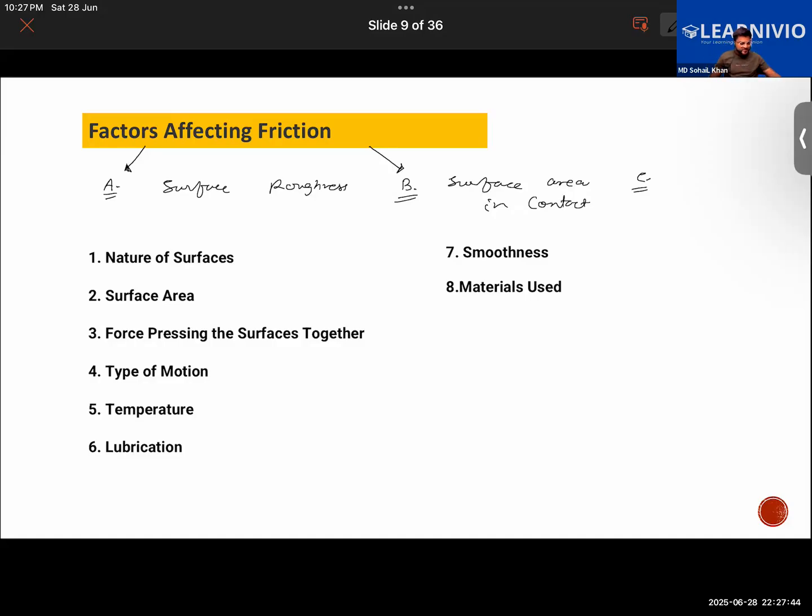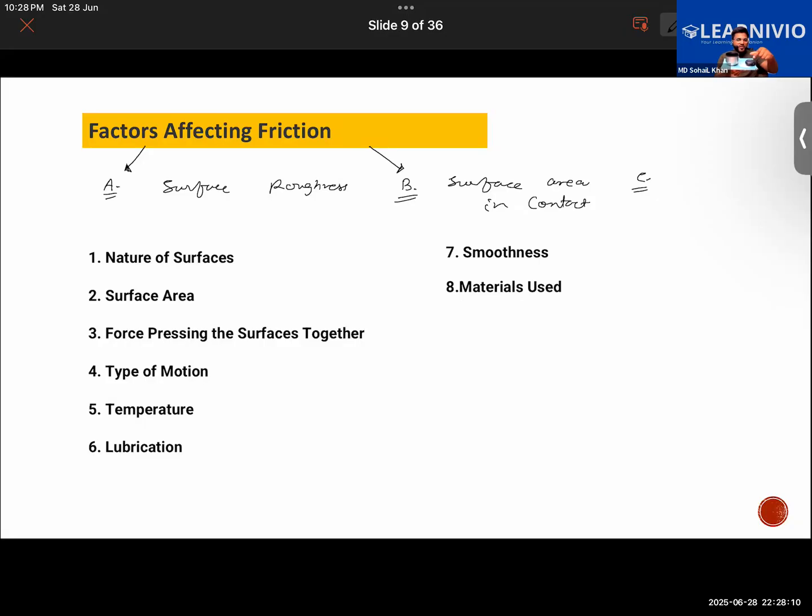Assume this is the surface of a table, and here I have placed a rock that weighs 5 kilogram, and on the other hand a rock that weighs 50 kilogram. Which one will be easier to push? The one that is weighing just 5 kilogram, right?